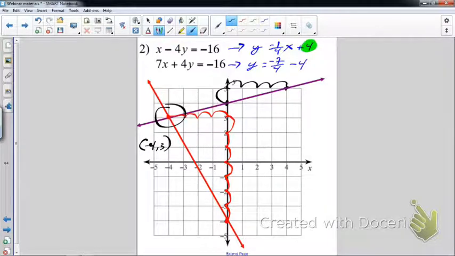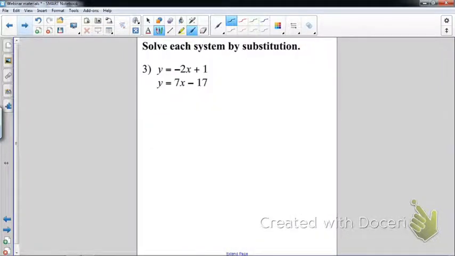Okay. Again, I'm going to go back to the chat right now really quick. Question number 3 says the following. It says that we have systems of equations, because there's 2 of them, and we have the substitution method. So now what we're saying is, take a look at what you have, which is 2 lines, and instead of graphing them, now I'm giving you a different option.